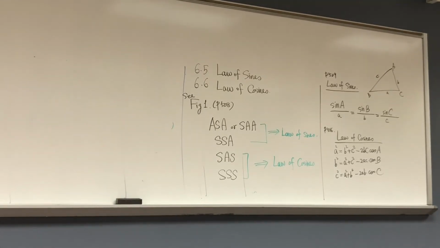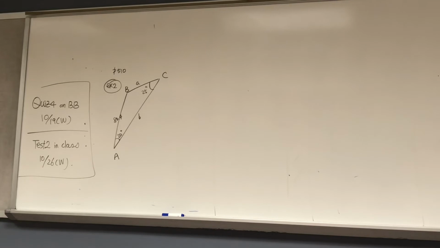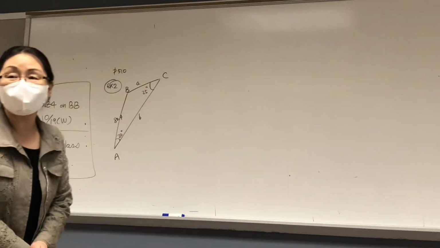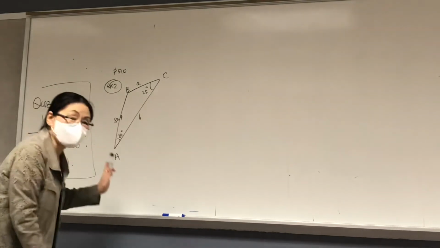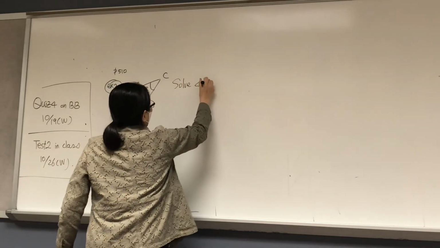Now I know 2 angles and 1 side, yes? What type is it? Type 1, yes. Good. So which law do you want to apply? The law of sines. But here the question is to solve the triangle.